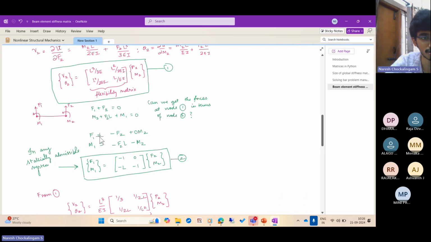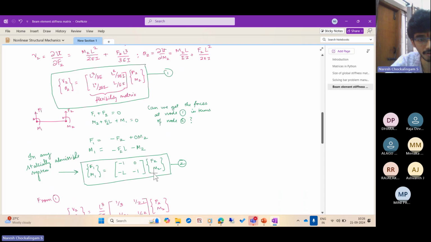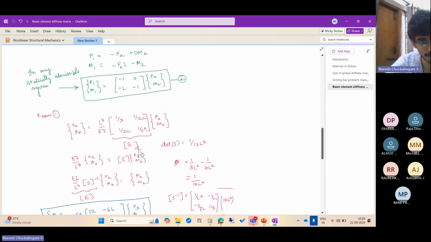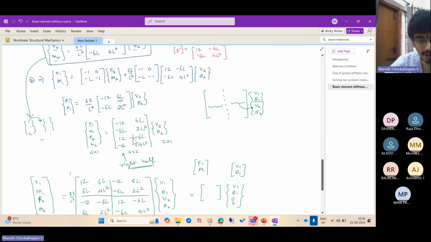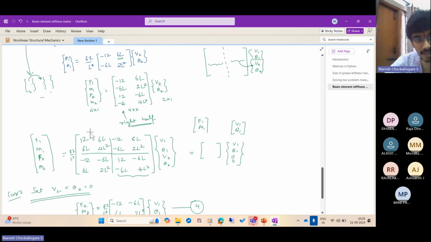Therefore, you can get the forces at node 1 in terms of the forces at node 2. But forces at node 2 themselves can be obtained in terms of the displacements at node 2 by inverting this flexibility matrix. So you get this relationship. Then use the conditions of equilibrium to get a relation between F1, M1 and V2 theta 2. So that will fill half of our stiffness matrix.